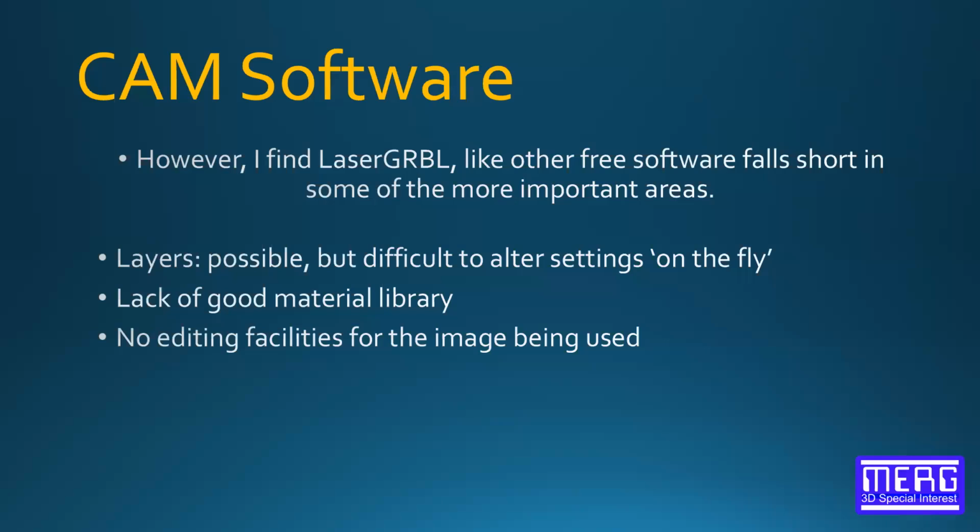Laser Gerbil allows that to happen, but you have to load in the different files that you want for engraving and cutting. What Laser Gerbil does in essence, as far as I can see, is allow you to load in more than one file, and then it acts as a batch program where it executes those files. If you want to change the first file after you've loaded it in, you've got to reload everything and start again.